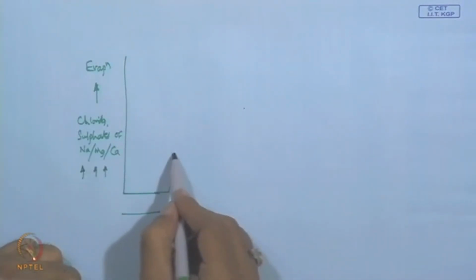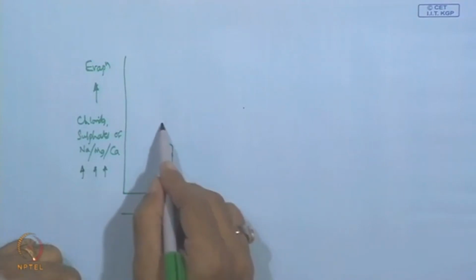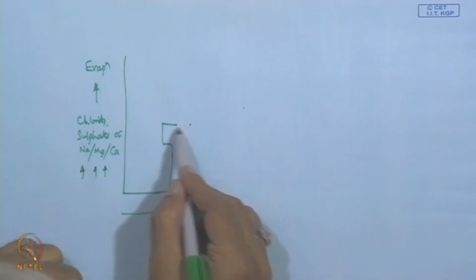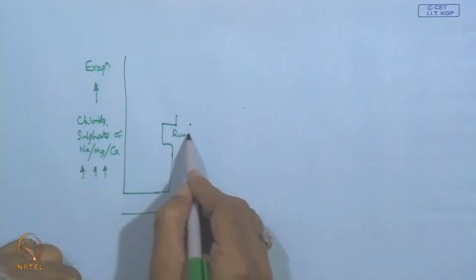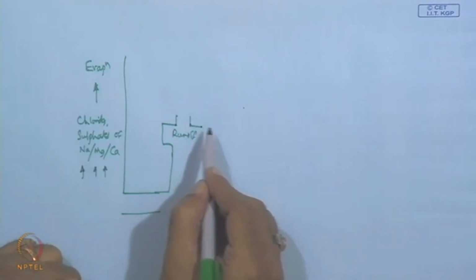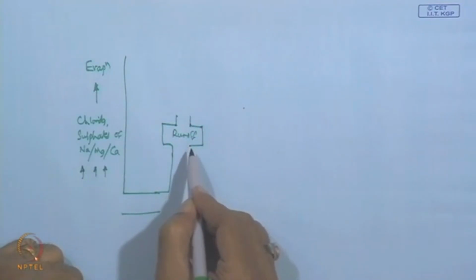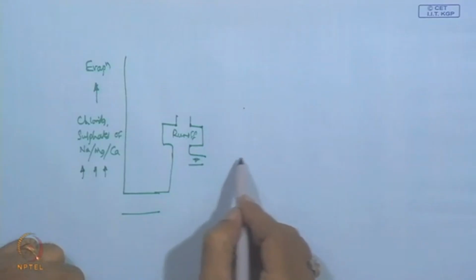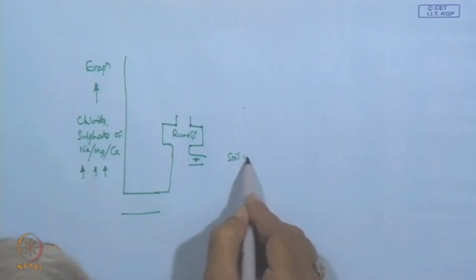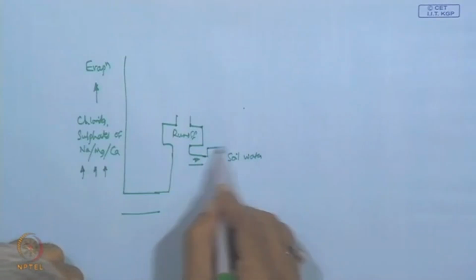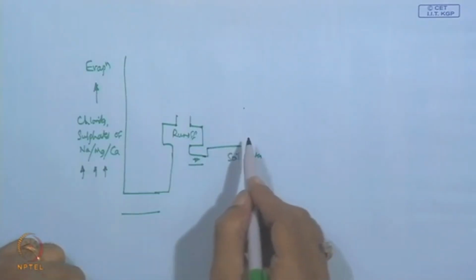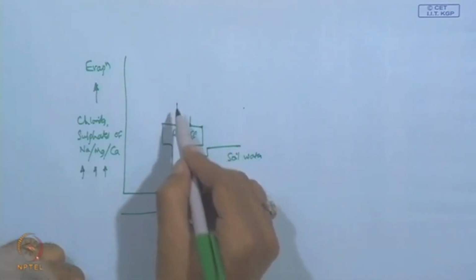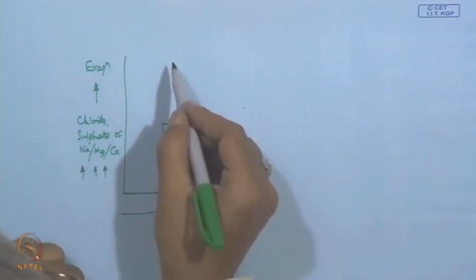Here you have the runoff, and from this runoff you have soil water, and again here you have the precipitation.